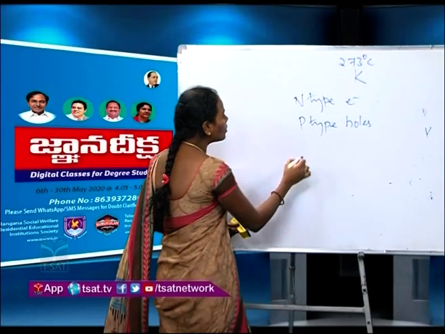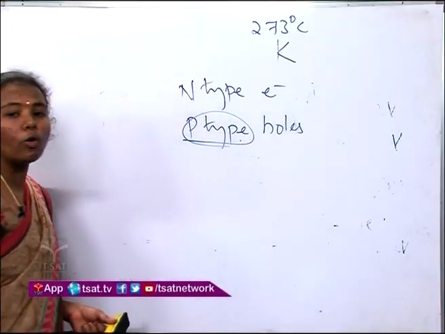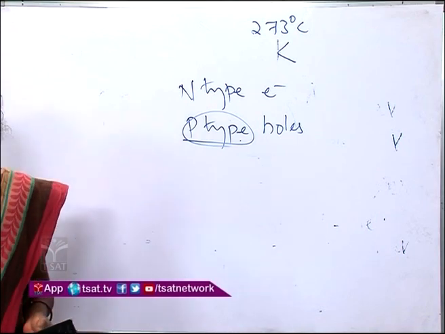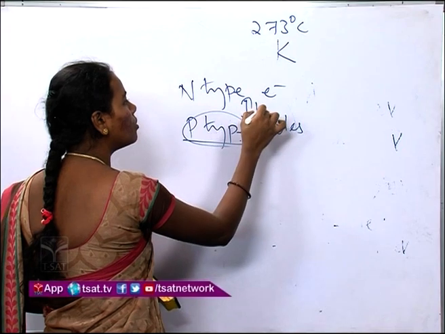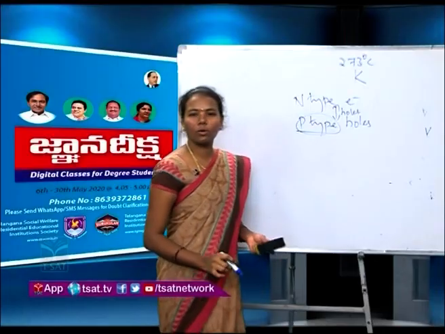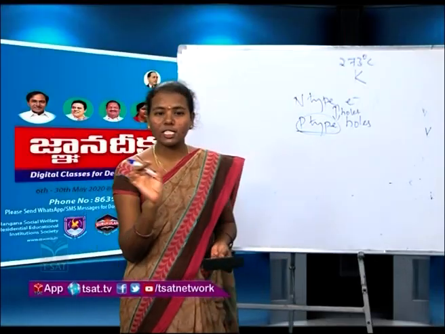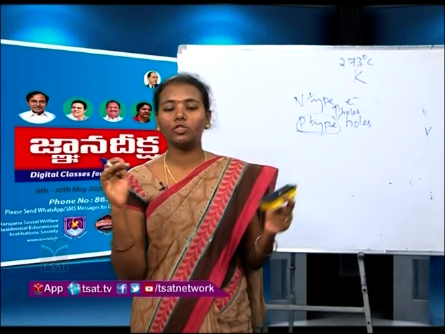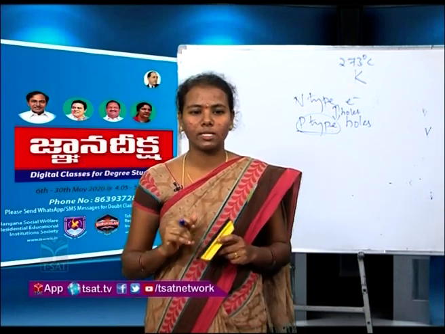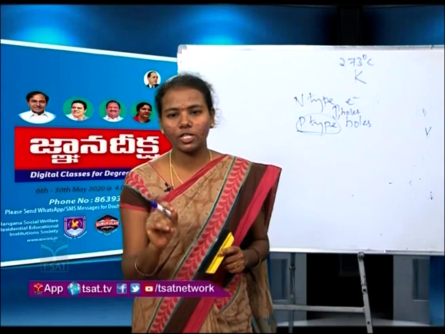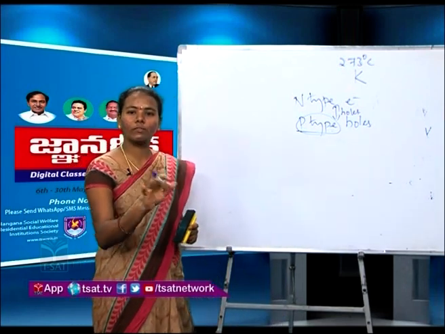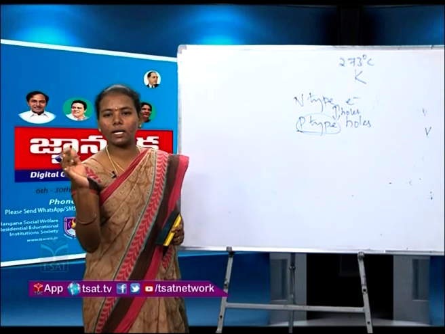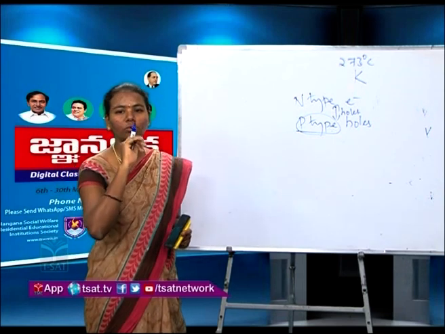In p-type the number of holes is more, whereas in N-type you have fewer holes. So there will be a concentration gradient when you join these p-type and N-type materials. Because of this concentration gradient, the holes from p-type will move to N-type, and the electrons from N-type will move to p-type.